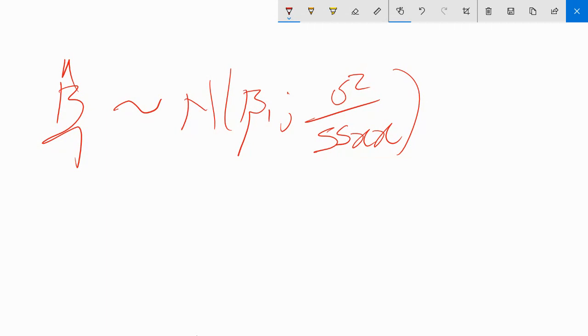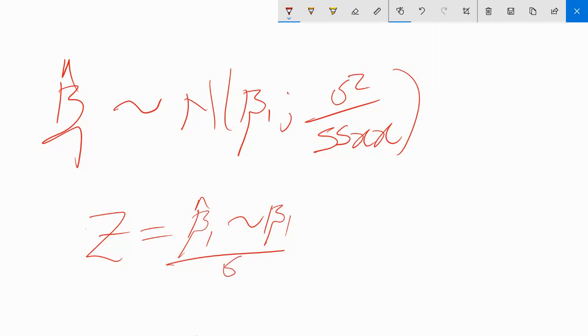So now we have this following a normal distribution with a mean and a variance. So we can standardize. We subtract its mean and divide by its standard deviation, which will be the square root of the variance. And this will be equal to this.